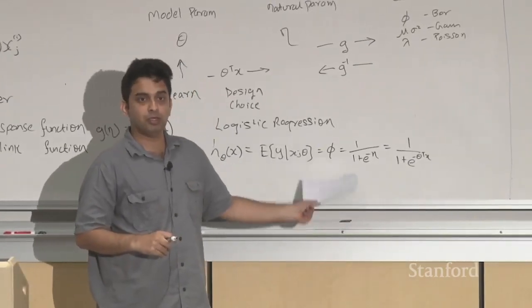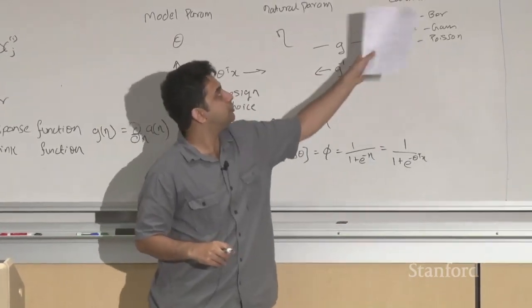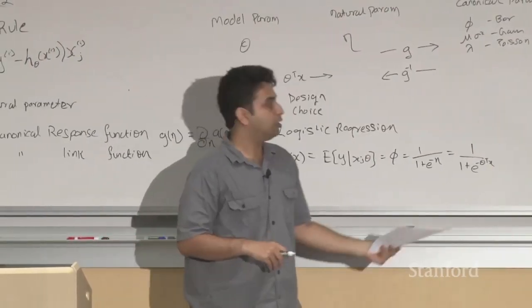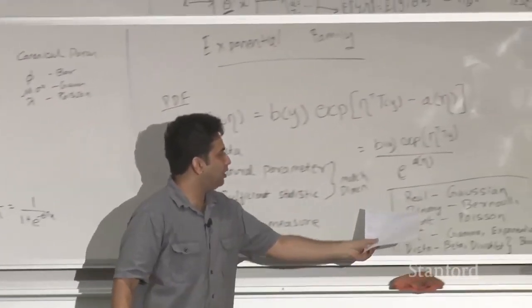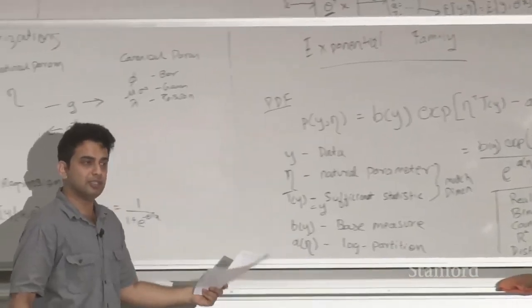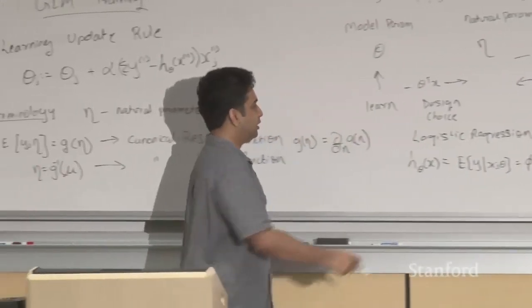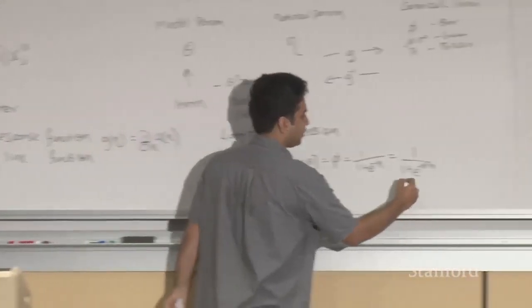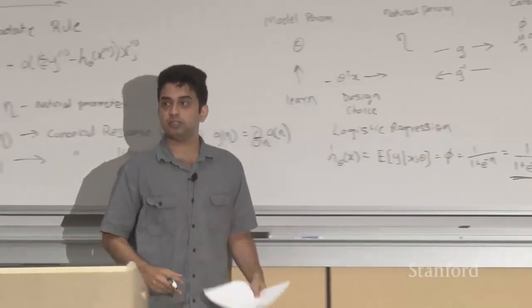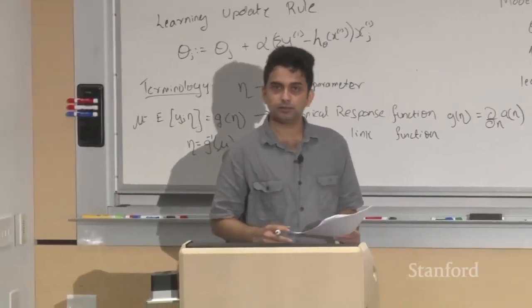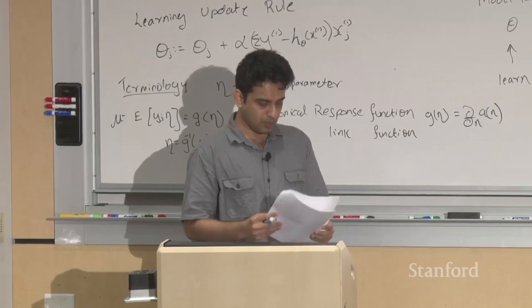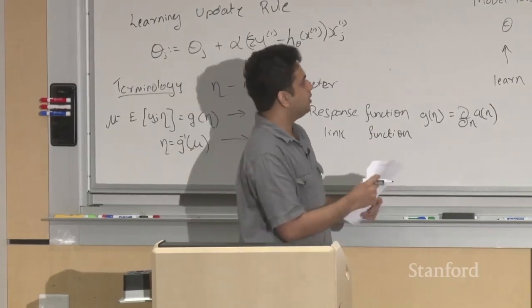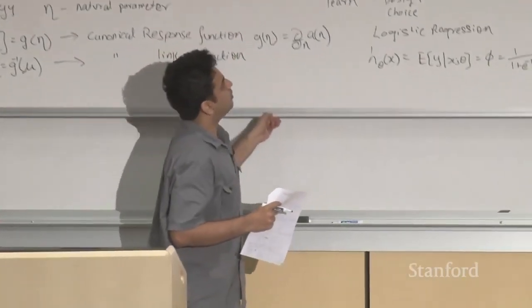It just pops out from this more elegant generalized linear model, where if you choose Bernoulli to be the distribution of your output, then logistic regression just pops out naturally. So, any questions?